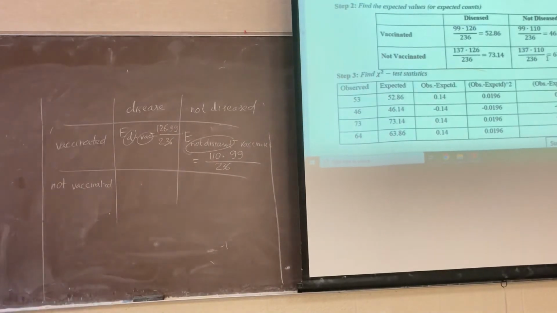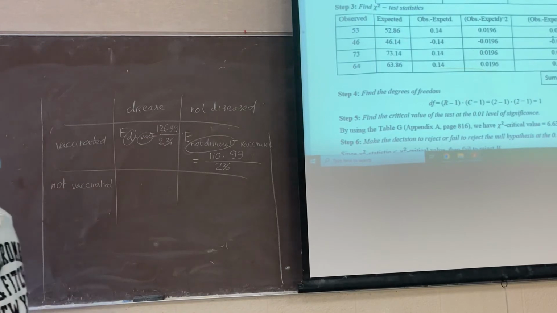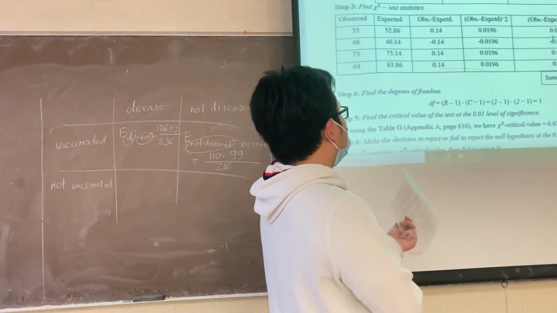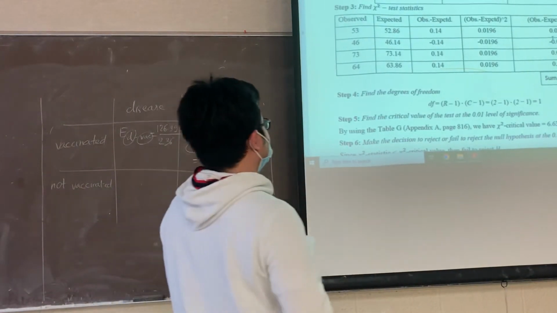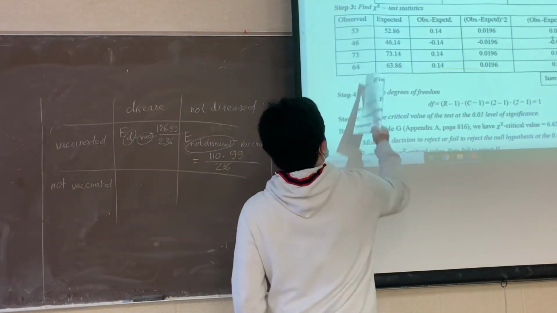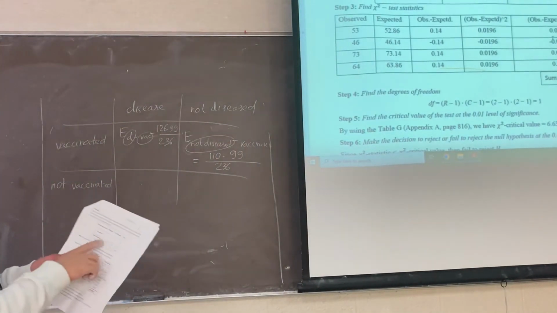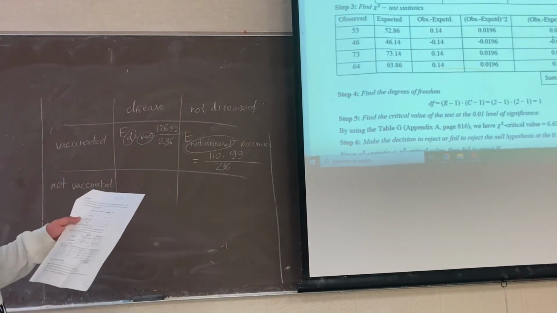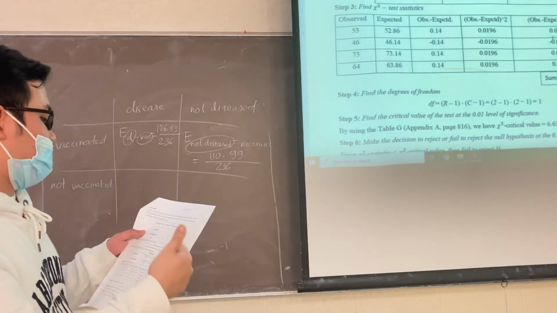Be careful. And step 3, we will find the chi-square test statistic. You can do it by using the formula, or you can do it using this table. The first column is the observed frequency, which you find in the original table. We have 33 people who are diseased and vaccinated.